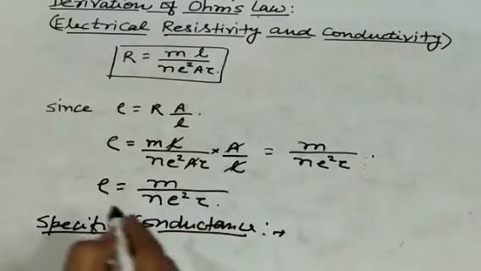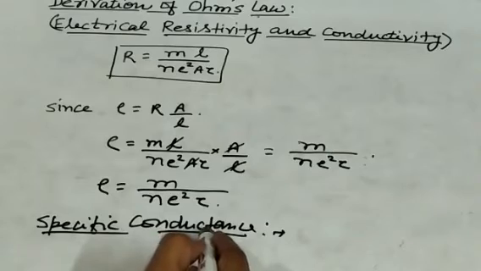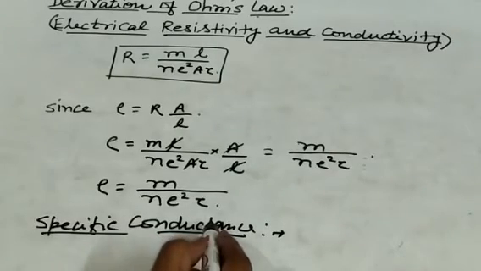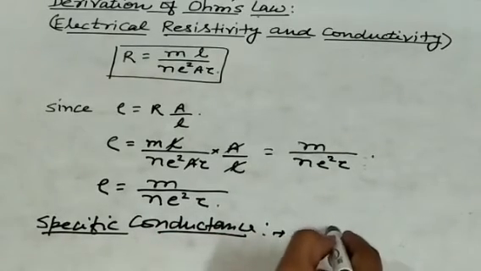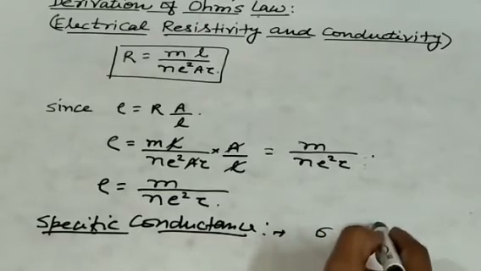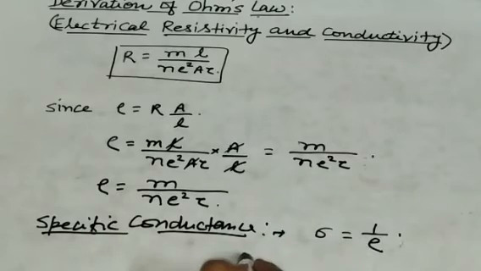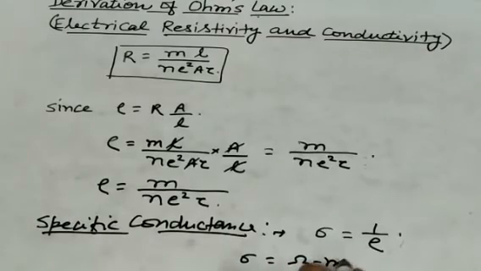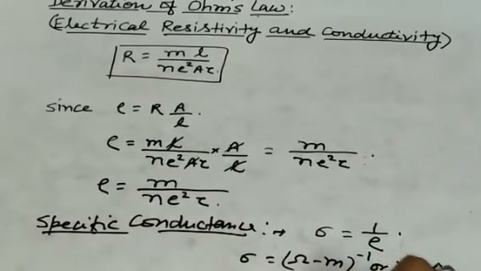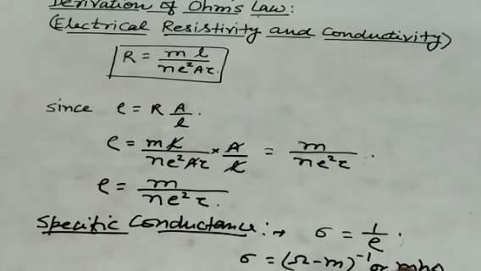So simply you can say the reciprocal of a specific resistance is called a specific conductance, and it is denoted by sigma is equal to 1 upon rho. And the unit of this specific conductance is ohm meter inverse. Or we can also write this as mho per meter.